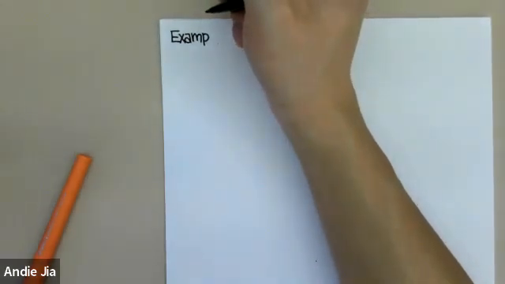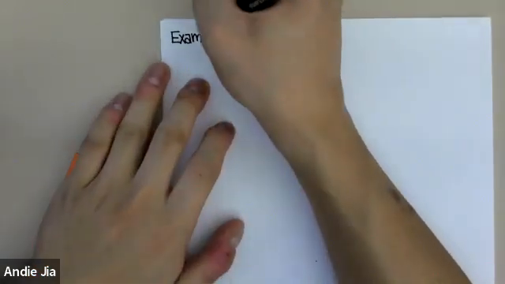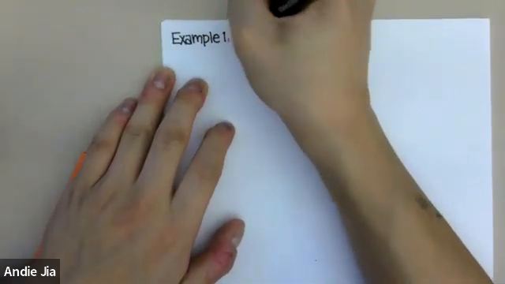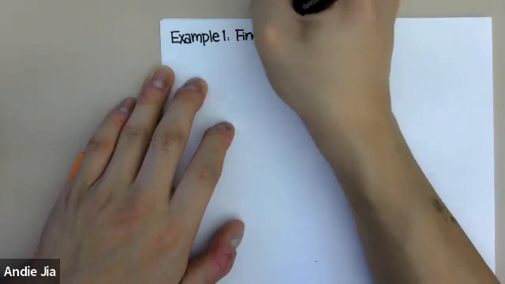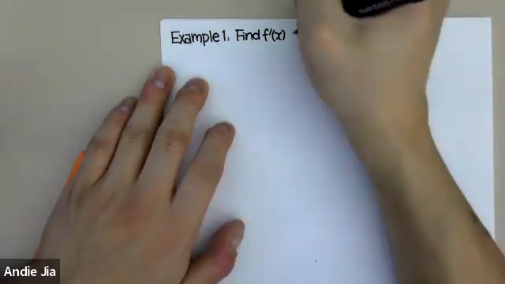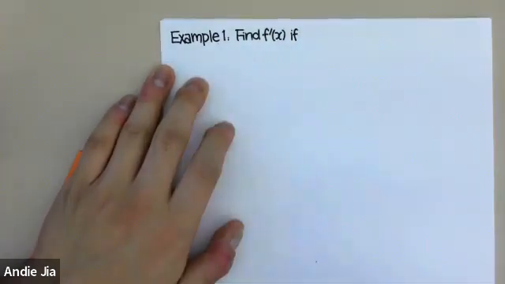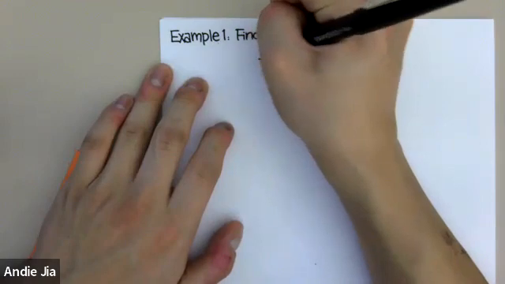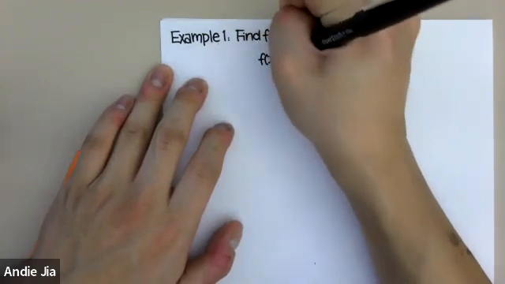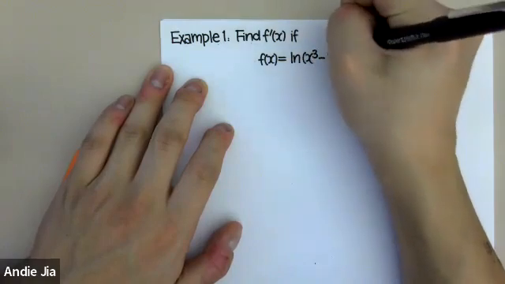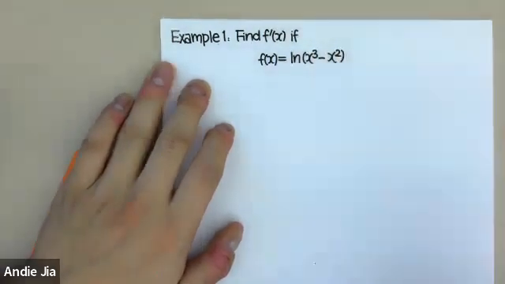Find f prime of x if f of x is the natural log of x cubed minus x squared.